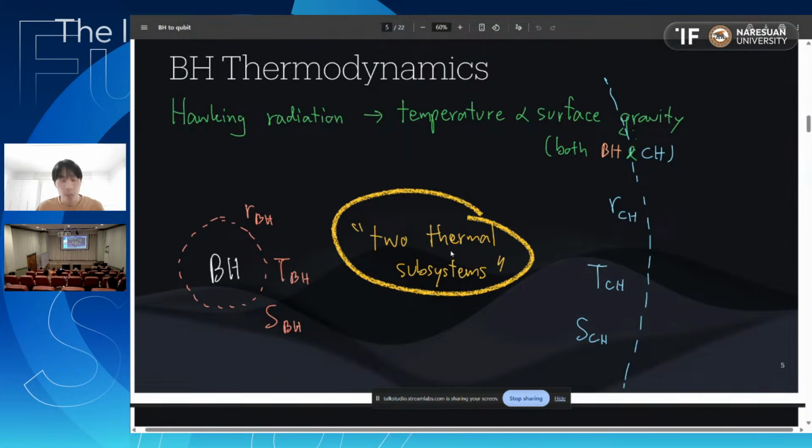We have two temperatures, that's the start. That's why we are going to realize this system as two thermal subsystems, which have different temperatures, and let's see what we will end up with if we consider it this way.